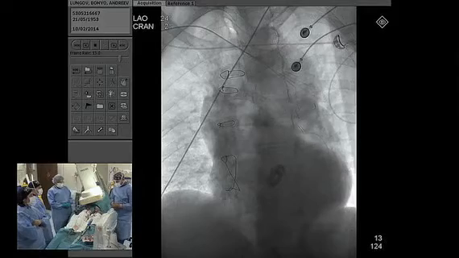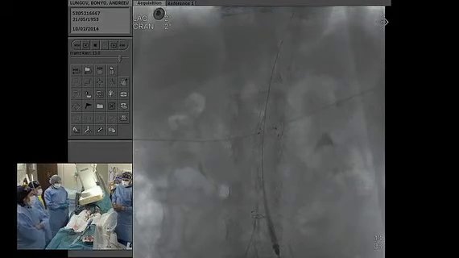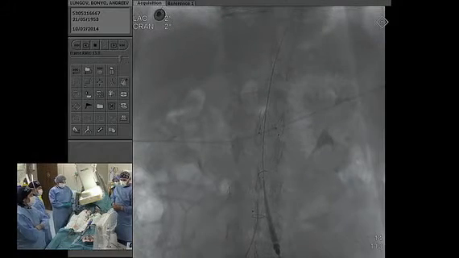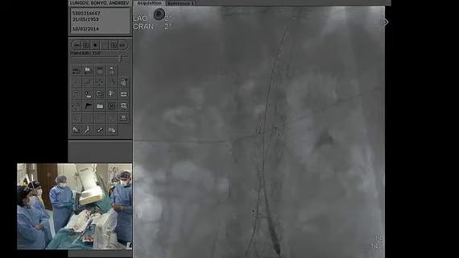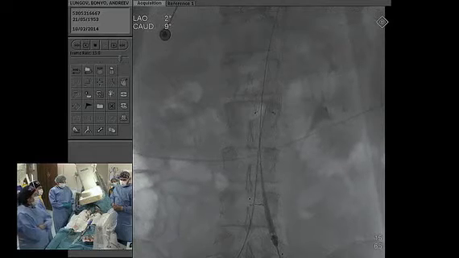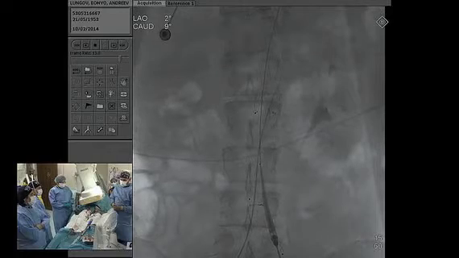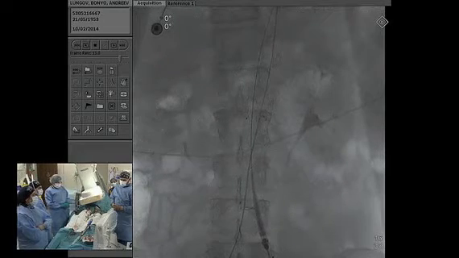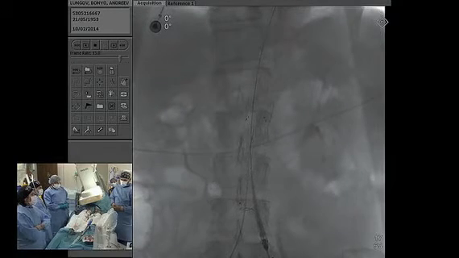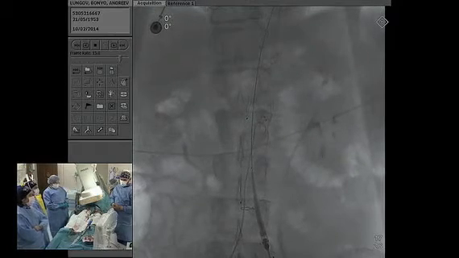This is the introduction of the pigtail from above. Next, please. This is the contralateral leg insertion of the wire. Next, please. And this is maybe the pigtail, verifying that we are within the lumen and not outside. Next. Okay, this is rotating the pigtail within the lumen of the graft.